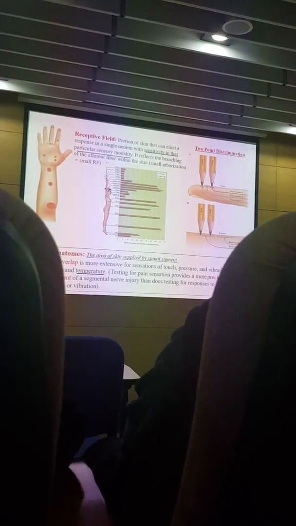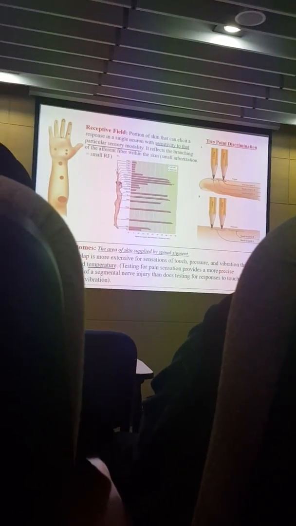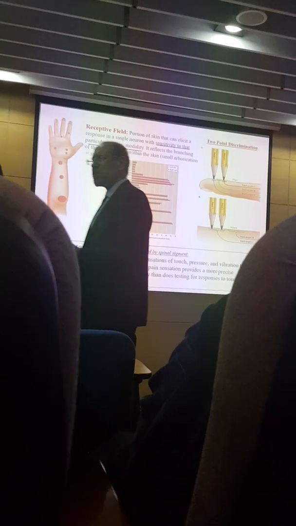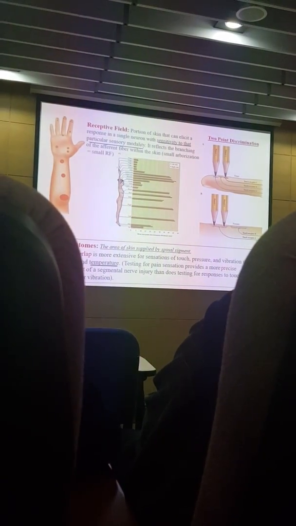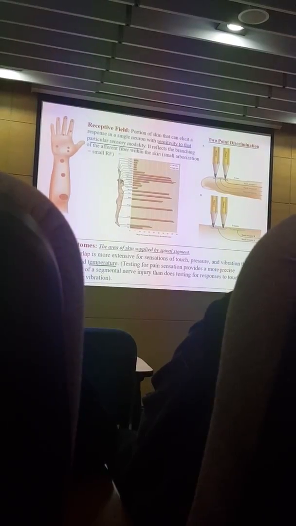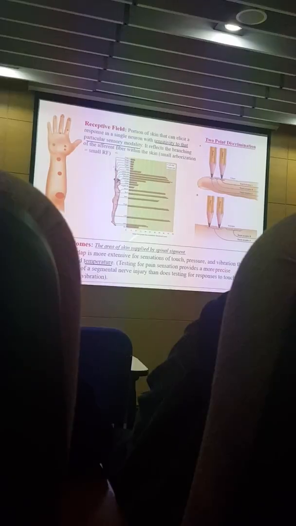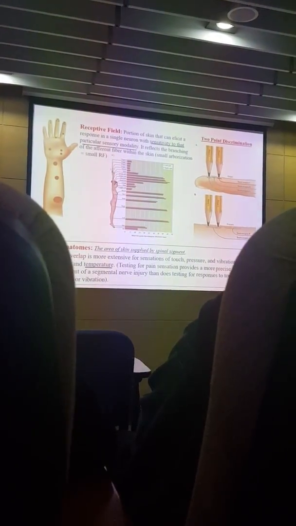Now, the term dermatome: what is it? The area of the skin supplied by the spinal segment. You will see this in the professional skill, how we diagnose which spinal cord lesion it is and where, because of the loss of sensation in that dermatome. So a dermatome is the area of the skin supplied by the spinal segment.